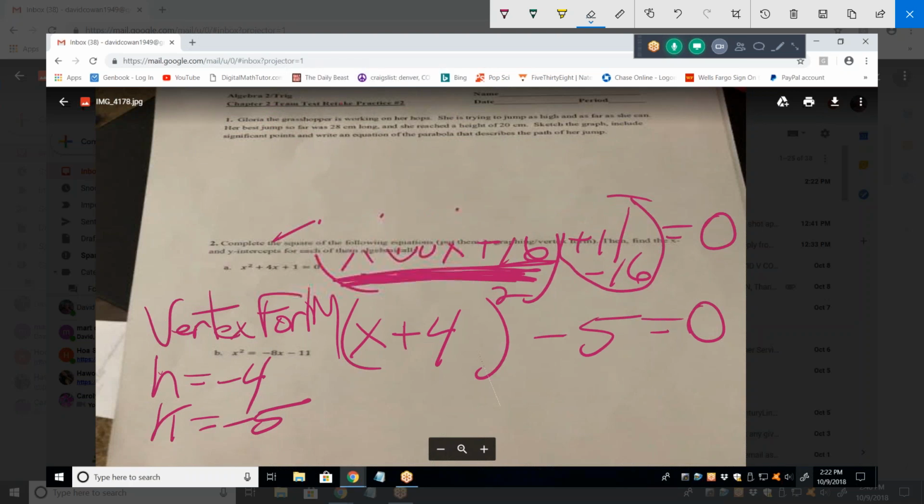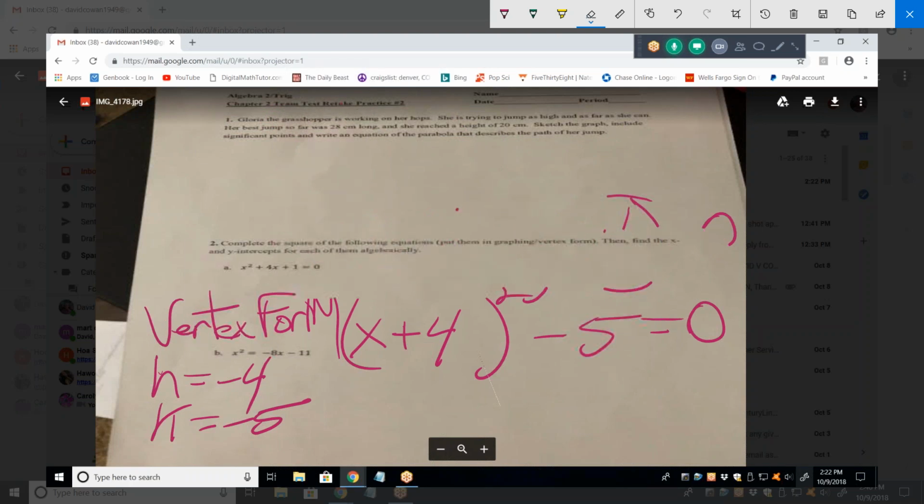So I'm 3/4 of the way to being able to graph it, right? The moment I get it in vertex format, that means my vertex is -4, -5 right there. Does it open up or down? Up. Okay? So I basically can draw the graph.